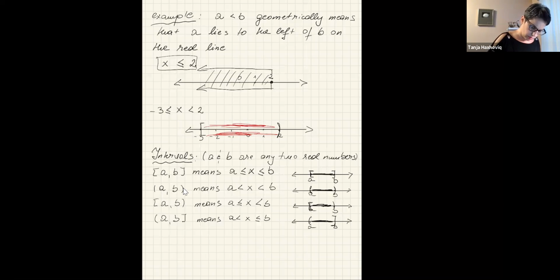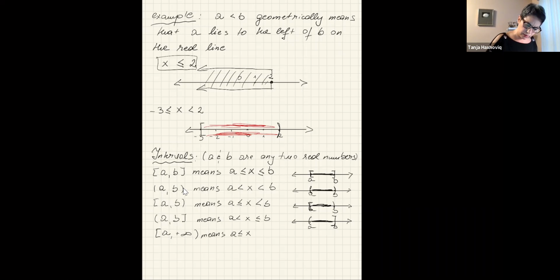So half open or closed interval [A, positive infinity) means that we're talking about all numbers that are greater than or equal to A. So this means all x that are greater than or equal to A.